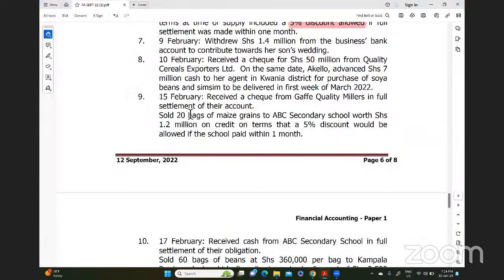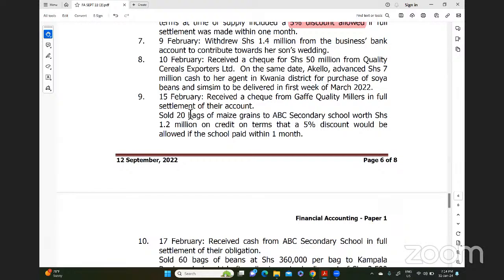Okay, then transaction number 8 on 10th of Feb: received a check of 50 million from Quality Cereals Exporters Limited. On the same date, Akelo advanced shillings 7 million cash to her agent in Kwania district for purchase of soybeans and simsim to be delivered in first week of March 2022. These are two transactions in one.